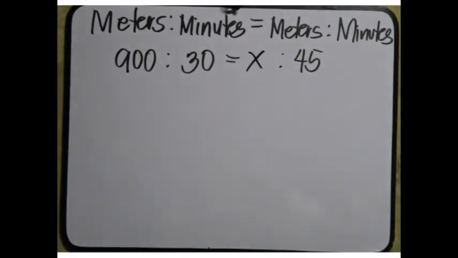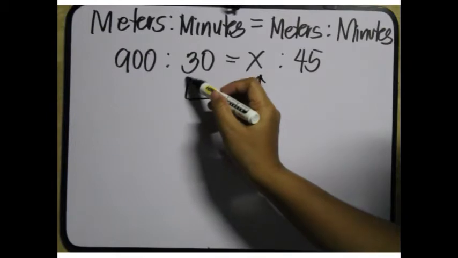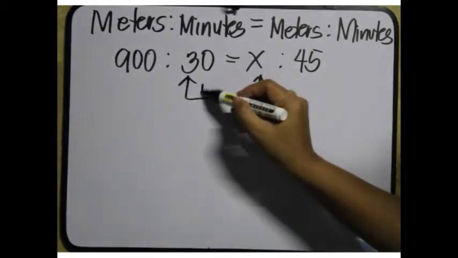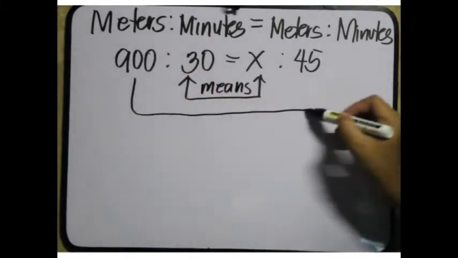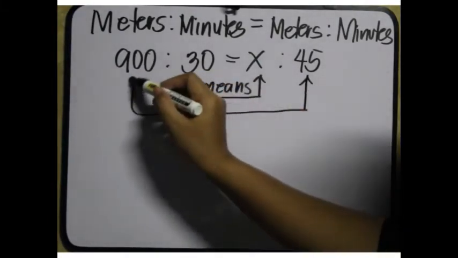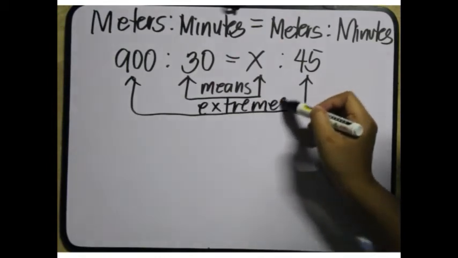In direct proportion, the basic principle is getting the product of means, which is the inner part of our proportion, and then also getting the product of extremes, which is the outer part of our proportion.